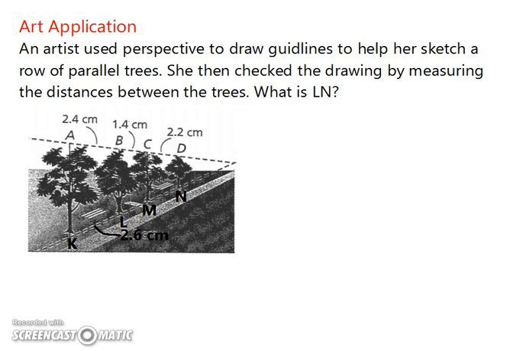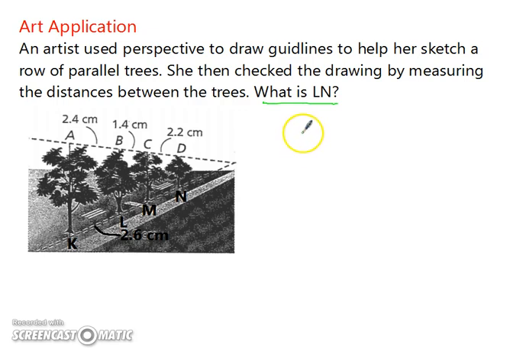Let's look at our application. An artist used perspective to draw guidelines to help her sketch a row of parallel trees. She can then check the drawing by measuring the distances between the trees. So in this case, what is LN?